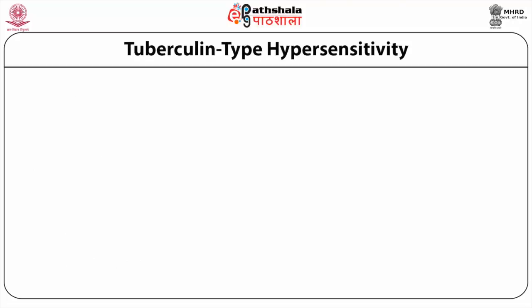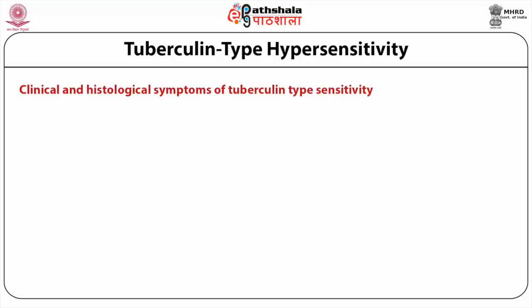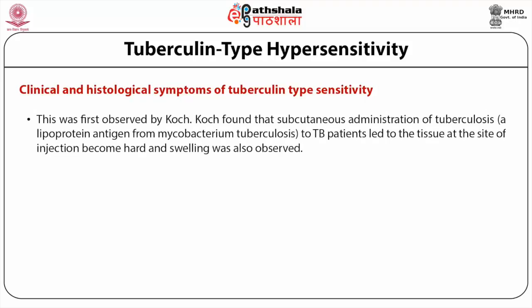Tuberculin type hypersensitivity, its clinical and histological symptoms are shown in this slide. This type of hypersensitivity was first observed by Koch himself. Koch found that subcutaneous administration of tuberculin, a lipoprotein antigen from Mycobacterium tuberculosis, to TB patients led to changes in the tissue at the site of injection.